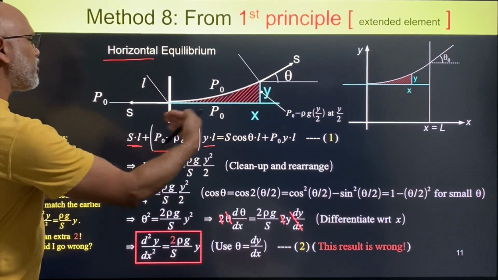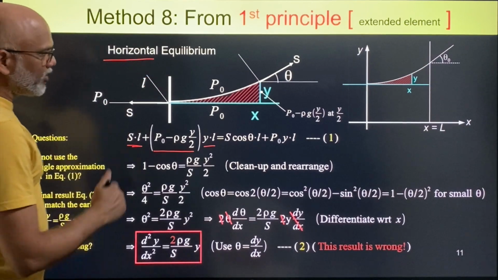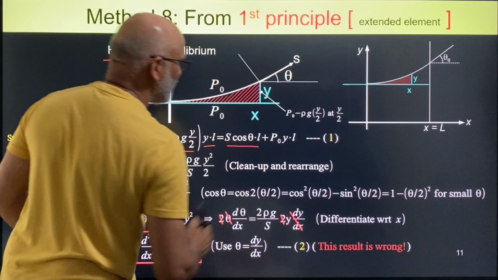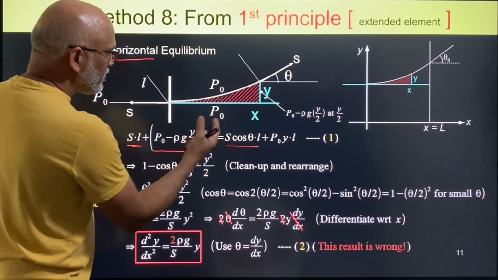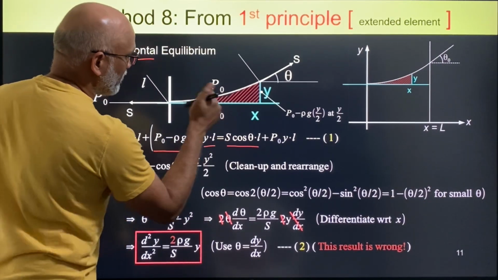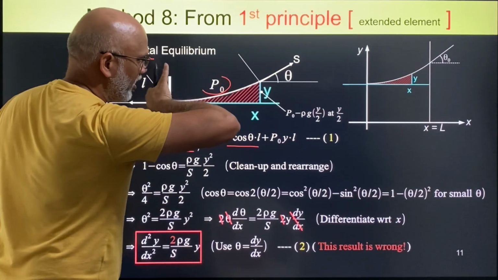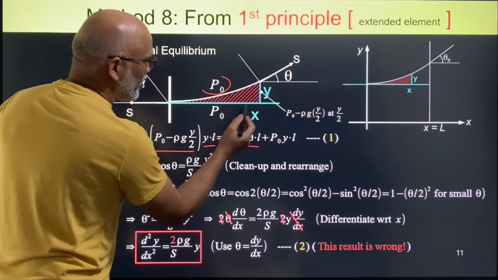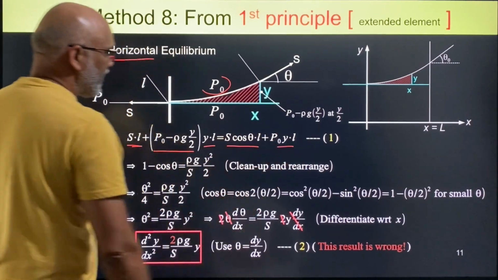So this is the force to the left. The force to the right is going to be the surface tension cosine theta here, and then the pressure times the projected area in this direction. So P0 and then YL, that is the projected area, right?